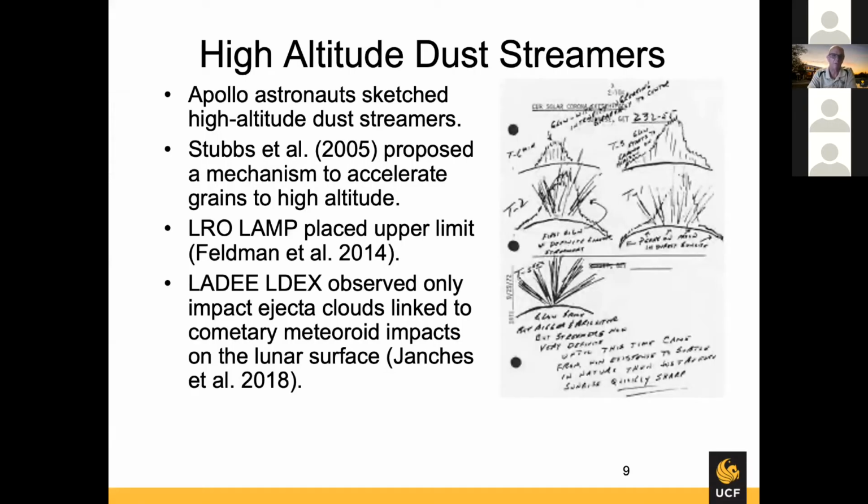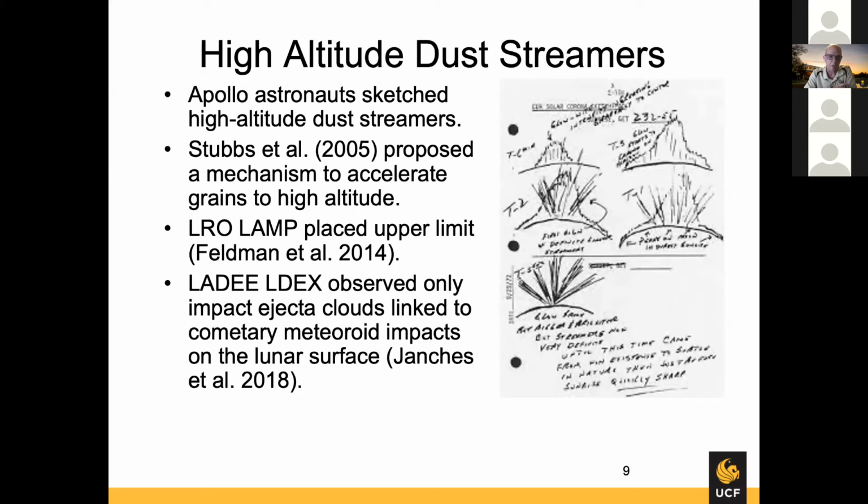Well, how about those high altitude dust streamers that the Apollo astronauts reported? Stubbs et al. in 2005 proposed a mechanism to electrostatically accelerate grains in the plasma sheath near the lunar surface that could get particles up to that high, called the lunar dust fountain. But subsequent observation campaigns to try to detect these have basically come up empty.